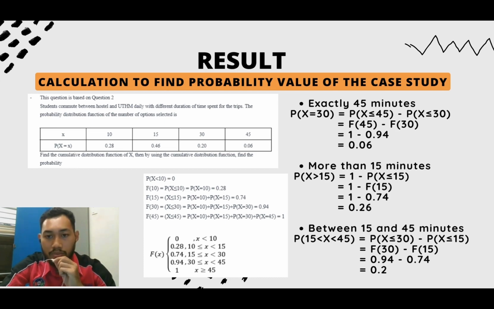For another question, the probability of the trip being more than 15 minutes, we get a probability of 0.26. And lastly, the probability of the daily commute being between 15 and 45 minutes, we get the answer of 0.2.